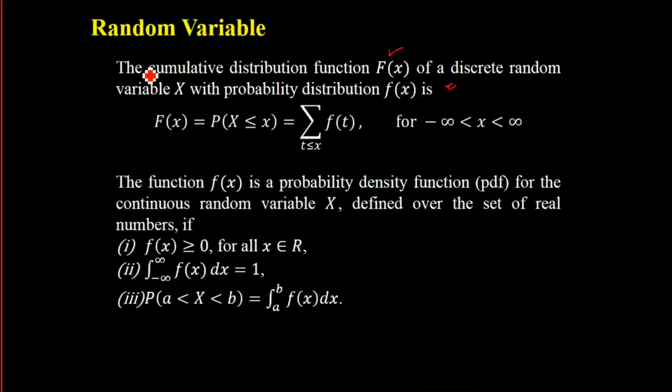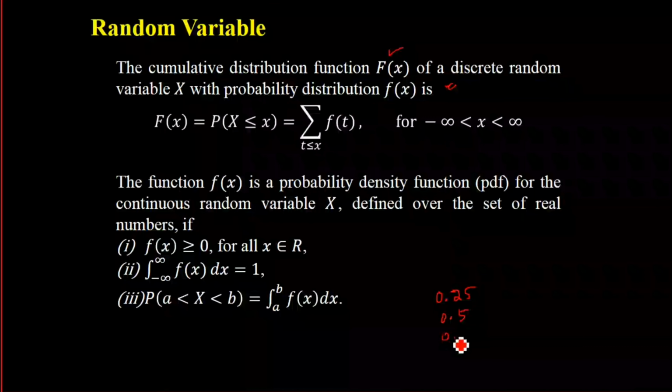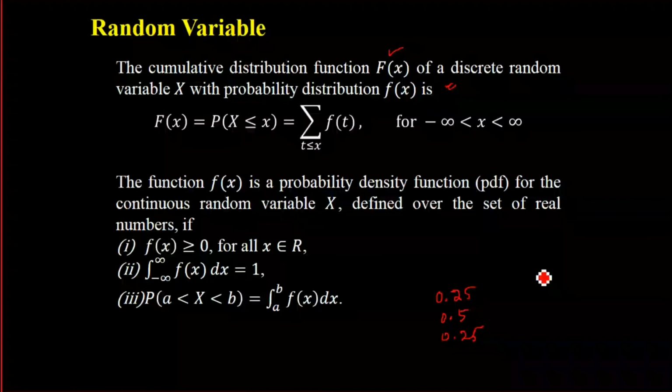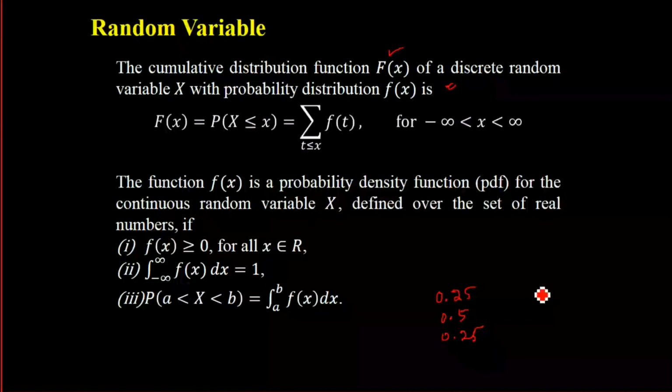So when a discrete random variable is there, we have the cumulative distribution function. Cumulative means, just see: first we got 0.25, second 0.5, third 0.25. How do we write cumulative frequency? Similarly.